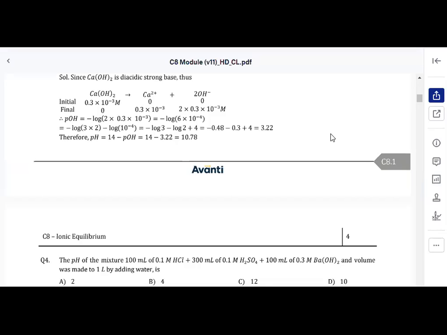Now what do we have here? This is your concept of mole concept. 100 milliliter of 0.1 molar HCl. So HCl will give what? H plus, right? 1 mole HCl will give 1 mole H plus.